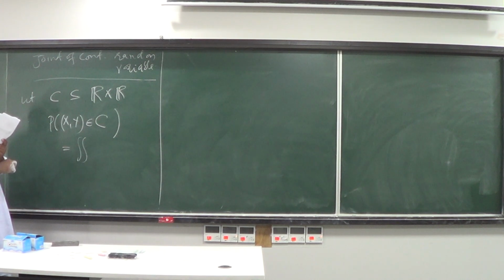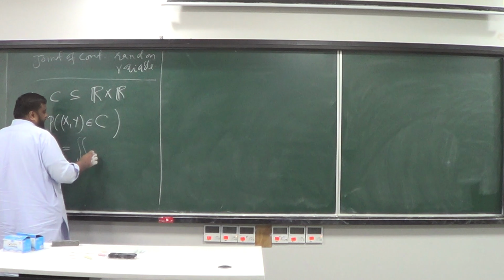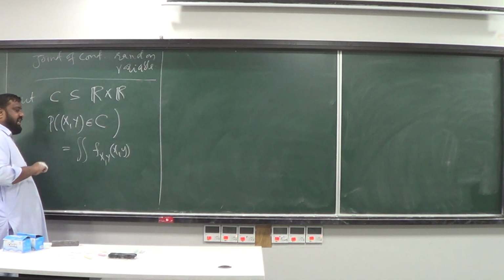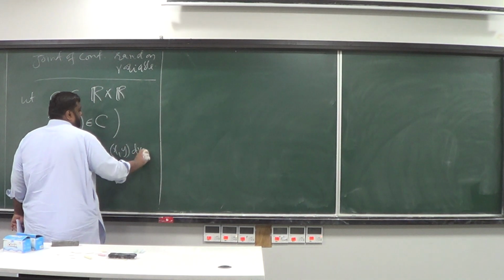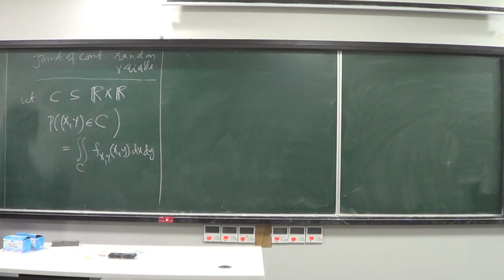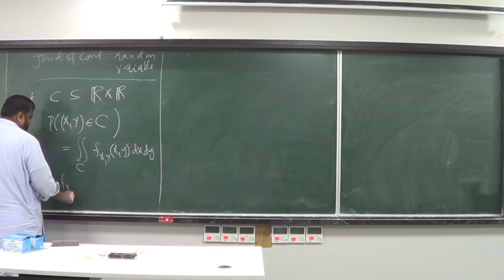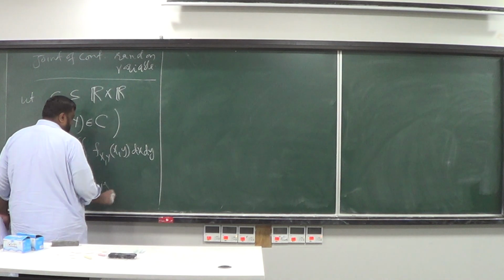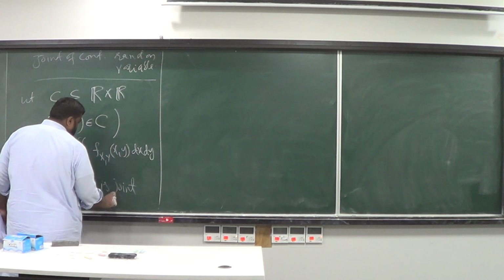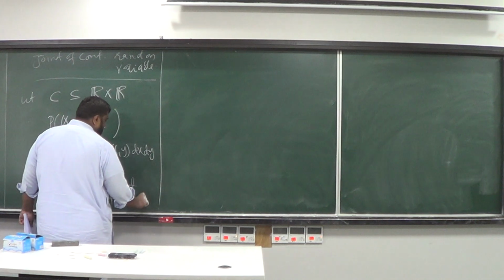So you can compute the probability that x and y are in a region of R by integrating the joint PDF of x and y, computing the double integral over the entire region C, where f_XY(x, y) is a joint continuous-time PDF of x and y.